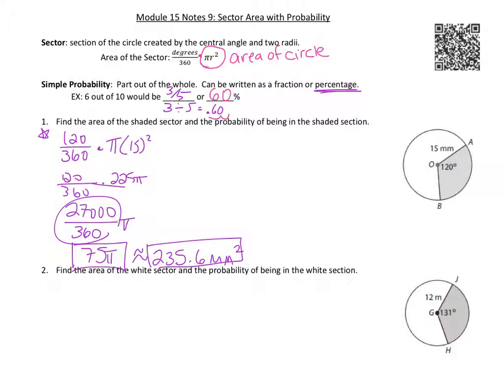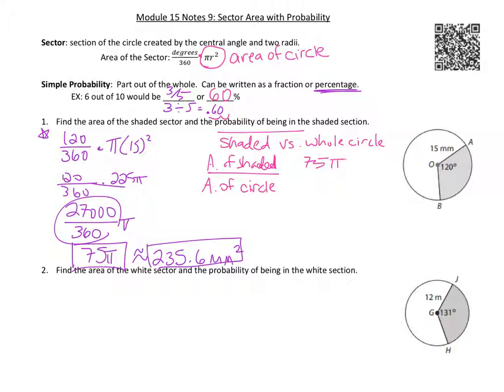Now for the probability part of it, what is the probability of being in the shaded part versus the whole circle? That means that we need to take the area of our shaded and divide it by the area of the circle. We already found the area of the shaded, and that's our 75 pi. The area of the circle, if we remember, up here, this pi r squared is the area of the circle.